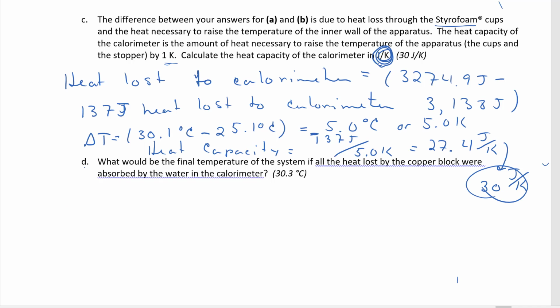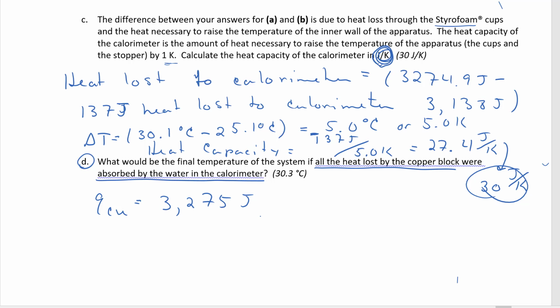Now this last question I took literally as in all the heat lost by the copper block got absorbed by the water in the calorimeter, so nothing was lost. So I'm going to go back. If I take a look at the heat that was given away by the copper, it was 3,275 joules of heat given away.